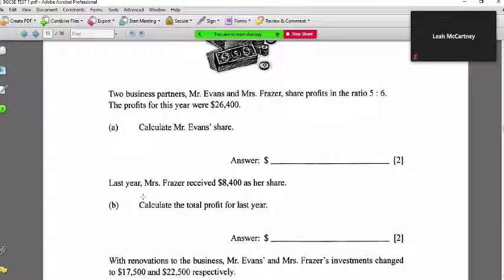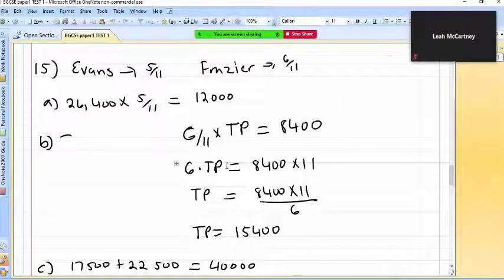So we know that Mrs. Fraser is going to be the 6 part. So she's going to have 6 over 11. So 6 over 11 times total profits is equals to her share. So in this case, we're just solving for total profits.